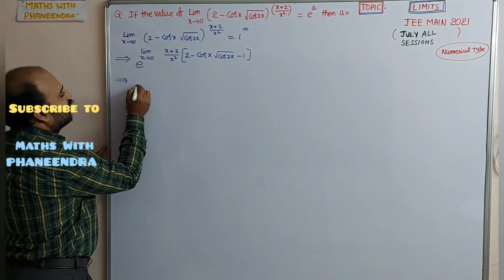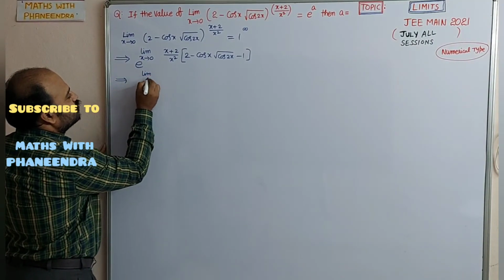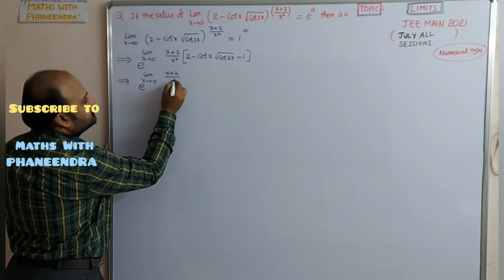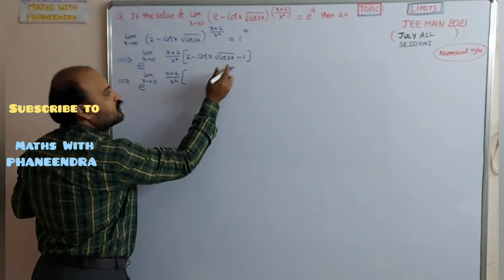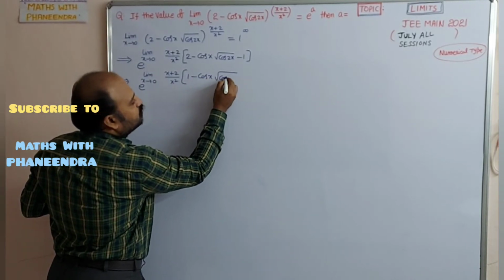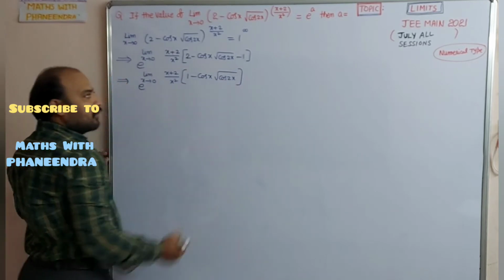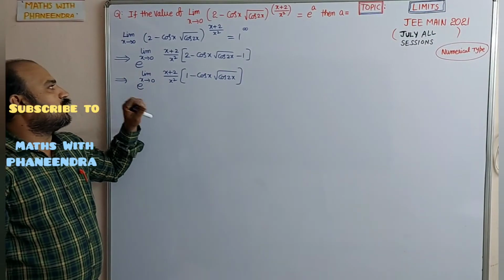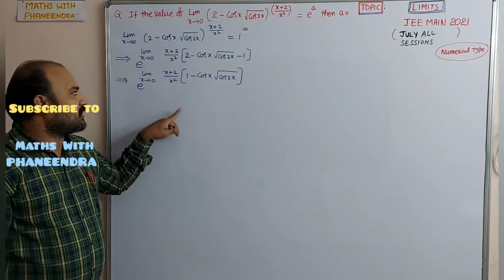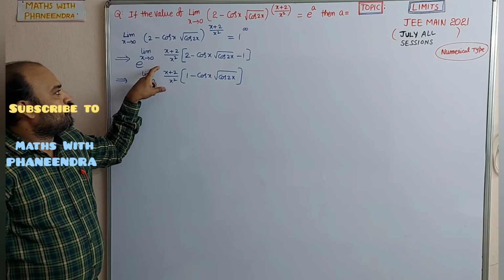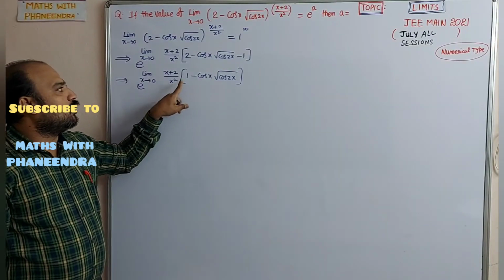So e power limit x tends to 0, x plus 2 divided by x square, 2 minus 1 is 1, 1 minus cos x into root over cos 2x. Again, if you substitute x is equal to 0, you are going to get 2 by 0, 1 minus 0.